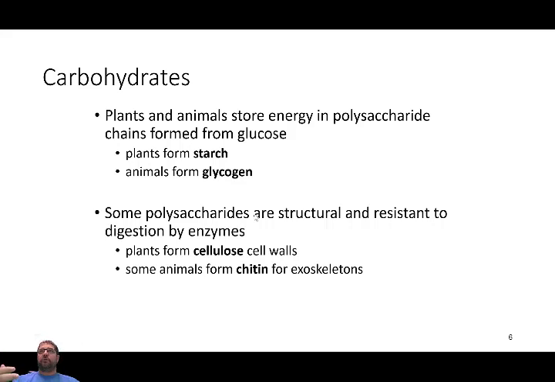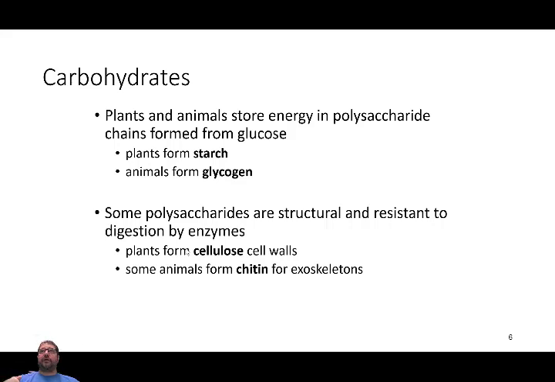Okay? So for things like beavers, for things like termites, for things that eat a lot of vegetation and get more out of the vegetation than just starch or glucose or fructose, they want to break down the cellulose. They have to have some kind of help.